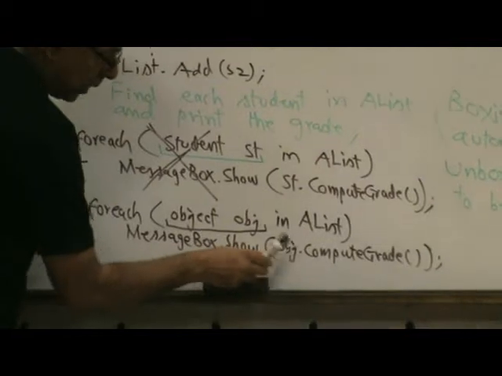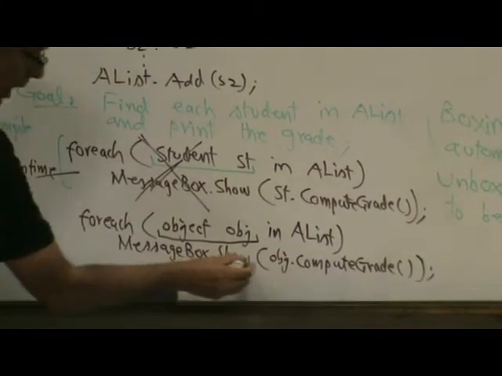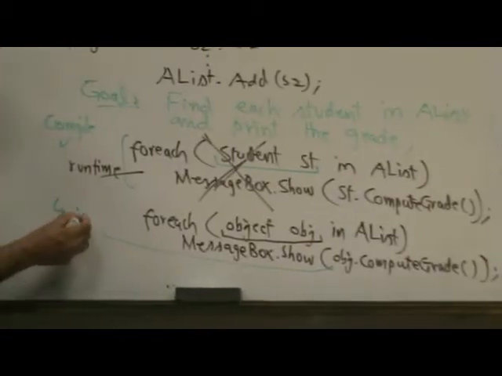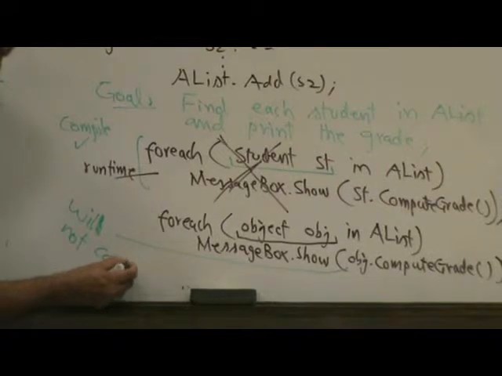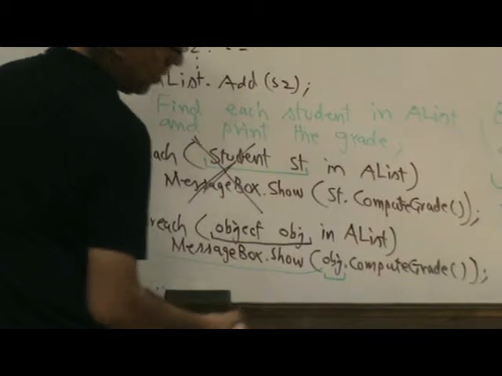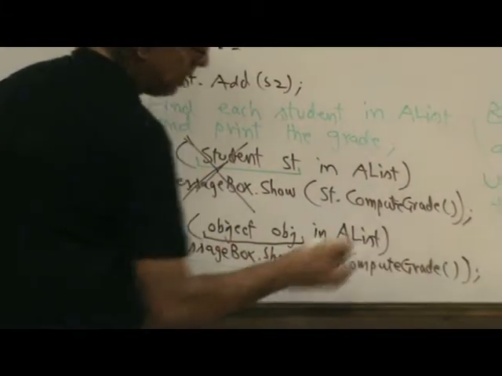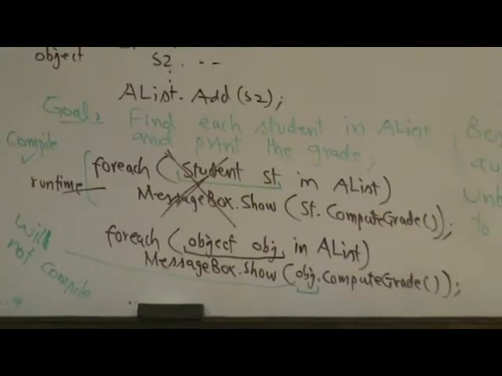However, once we write obj.computeGrade, this will not compile. Why will it not compile? Because what type is obj? Object. Does the object class have a method called computeGrade? No. So that's why it will not compile, right?